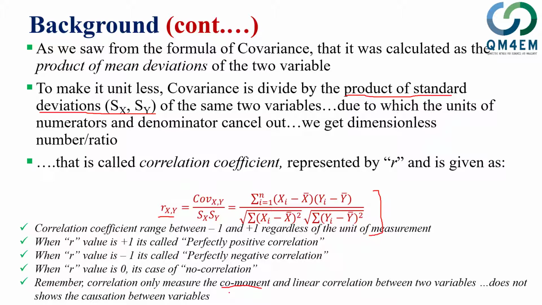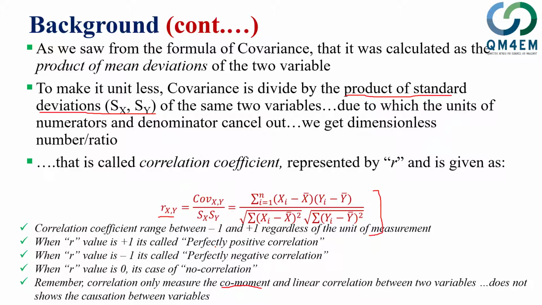It is not measuring that since x and y are both changing together, x is causing y, or y is caused because of x, or y is causing x. It has nothing to do with causation. It only measures that two variables are moving together. So it's a co-movement of two variables, nothing more. This is very important about the correlation coefficient.